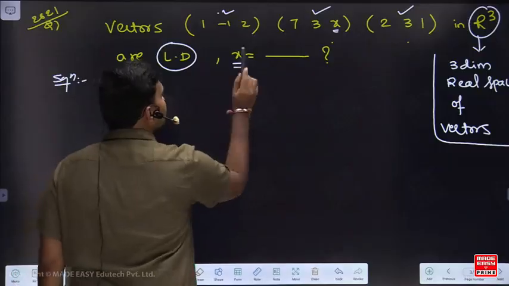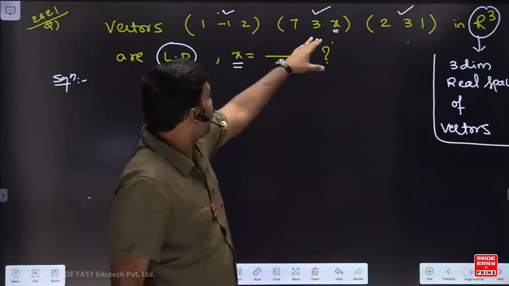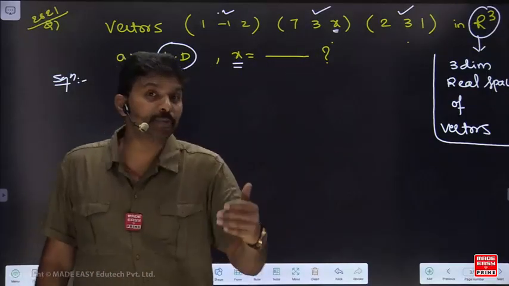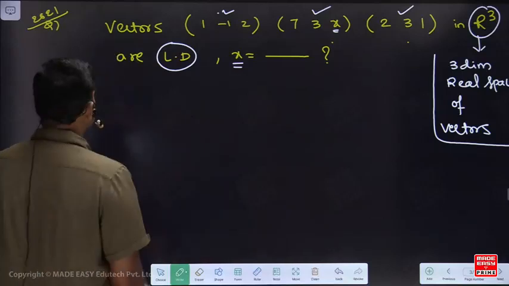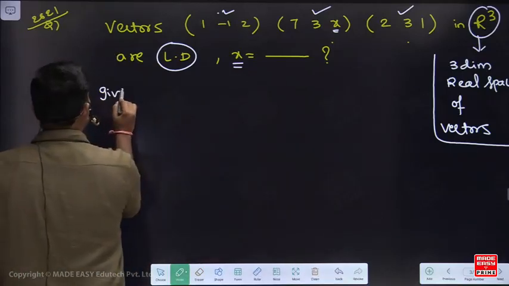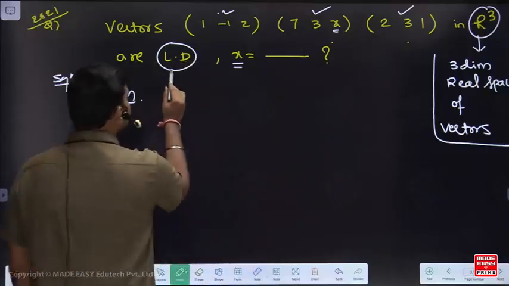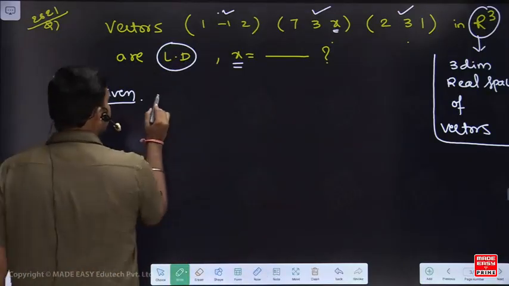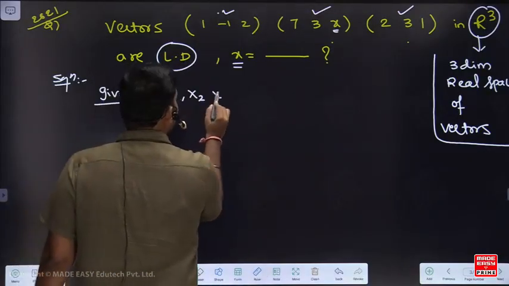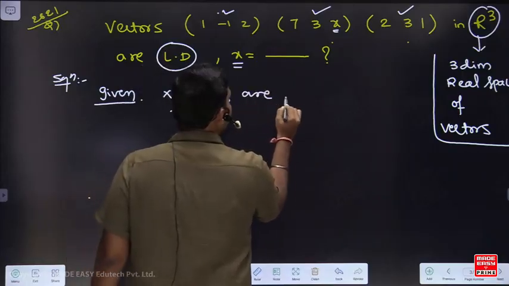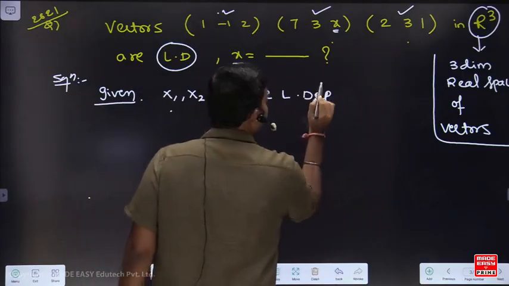So then what is this x value? To find out this x, is there any hint provided to us in this question? Yes. The hint is that these vectors x1, x2, x3 are linearly dependent.